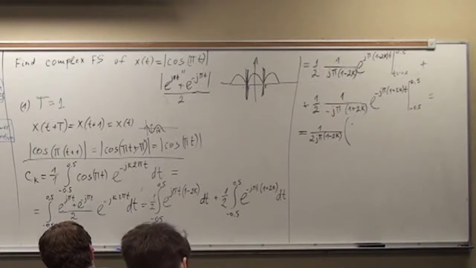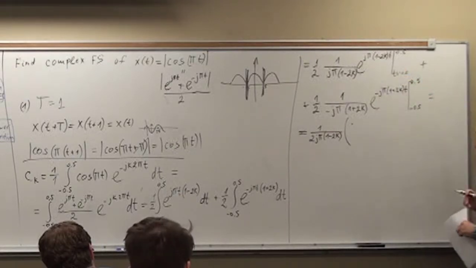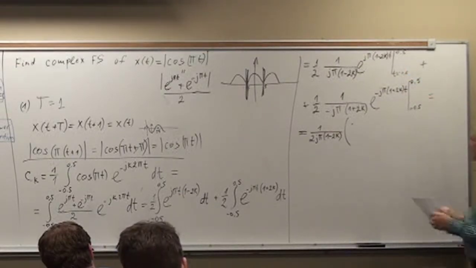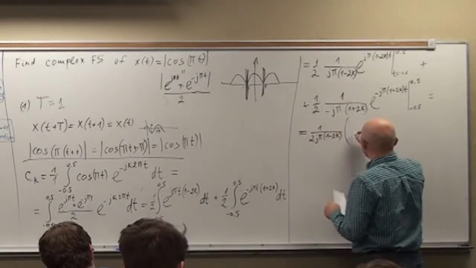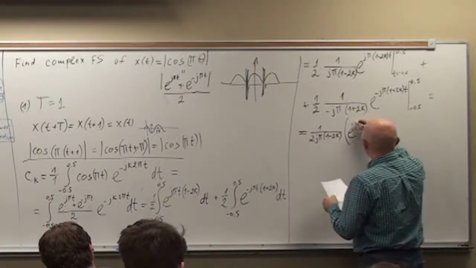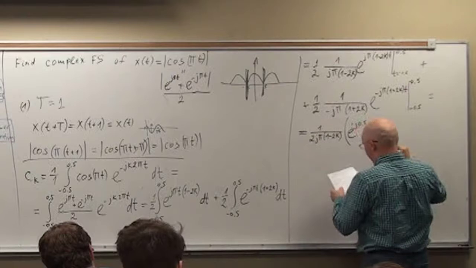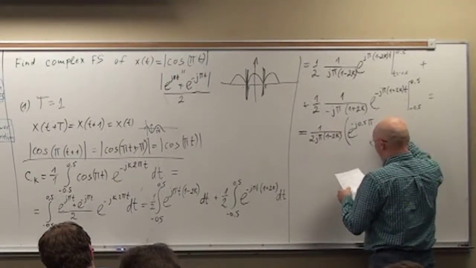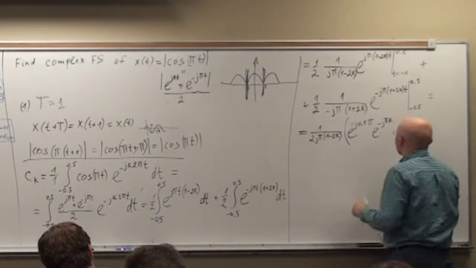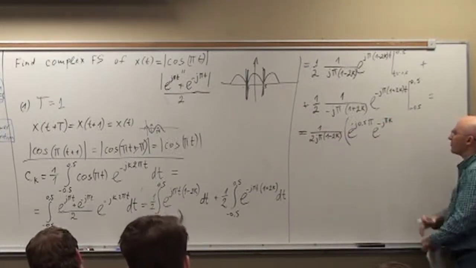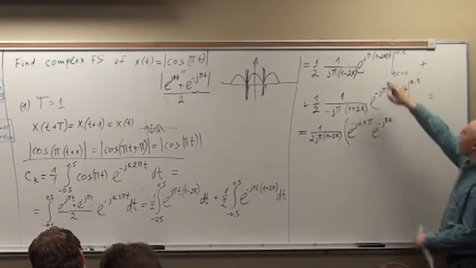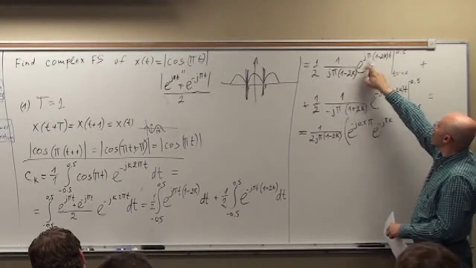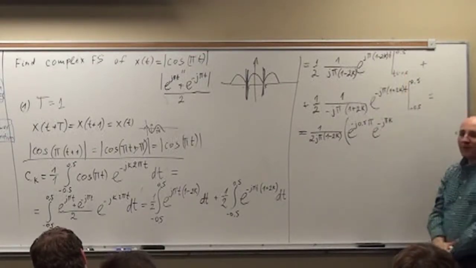So what is that exponent at 0.5? Let's see. It will be like that: exponent j 0.5 pi times exponent minus j pi k. This is the first one. I'm just multiplying that one by 1 and then that one by 2k.